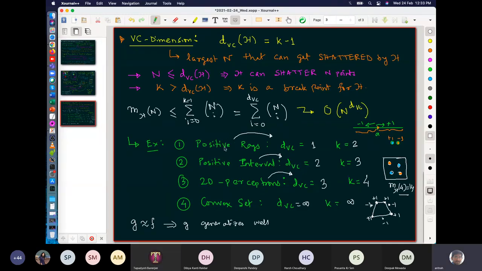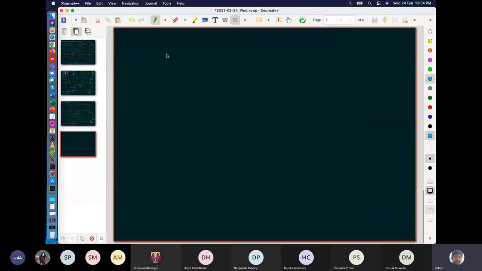Now, an interesting thing I would like to make you look at is 2D perceptrons. We can say that the VC dimension is 3 for 2D perceptrons. I will just try to prove in front of you one thing, that for a perceptron in d dimensions, the VC dimension will be d plus 1.